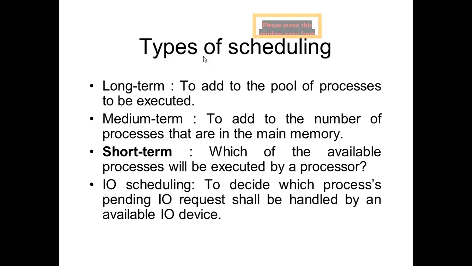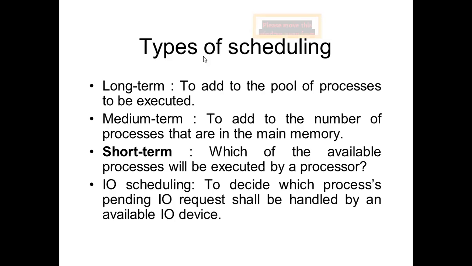Another is IO scheduling, to decide which process's pending IO request shall be handled by an available IO device. Okay, if the process has completed in the CPU and is no more in the memory, then it will go to the IO device. So the request will go to the IO device, and it shall be handled by an available IO device.